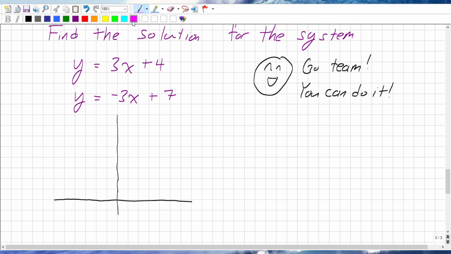Alright, so for this one, we'd start off at 4 and make a dot. Since the slope is 3, I'd go up 3 to the right 1, and then it goes off scale that way, so down 3 to the left 1.